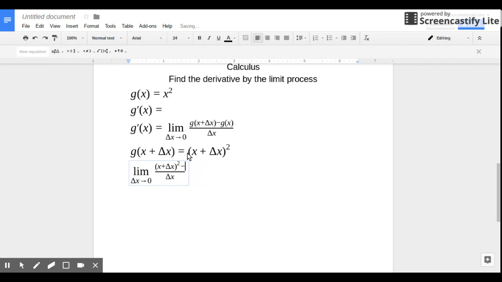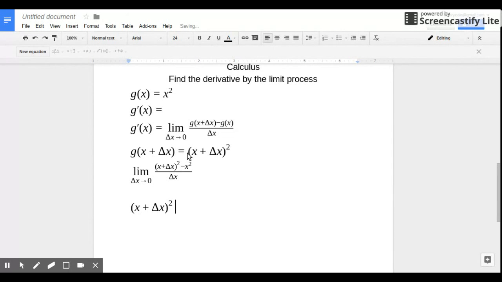Of course we have x squared because that is our function. But this thing is squared, so we're going to have to do some algebra. And we're going to come right down here and do that.